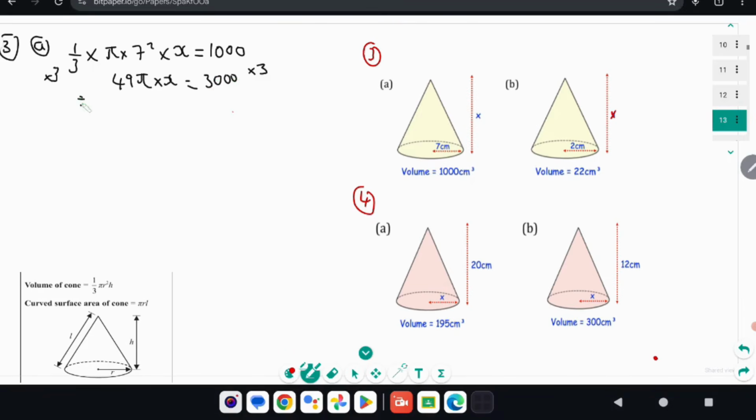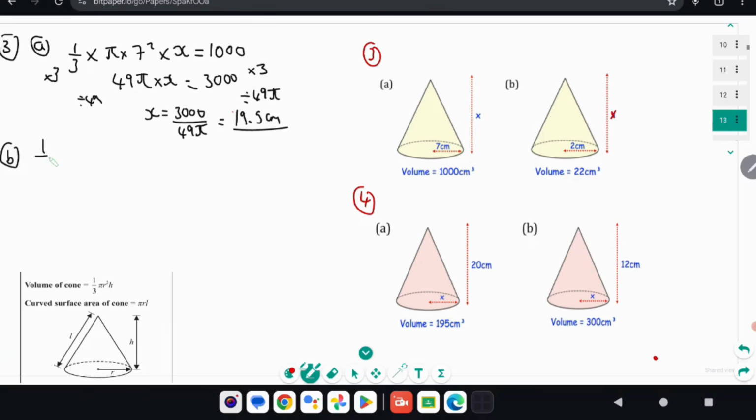And I'm going to divide both sides by 49 pi. So x is equal to 3000 all over 49 pi, which is 19.5 centimetres for the height.